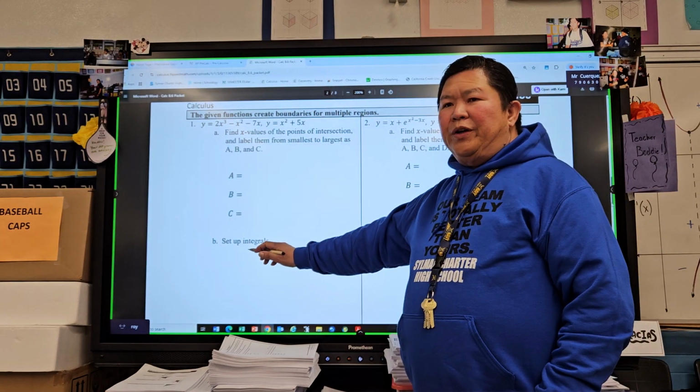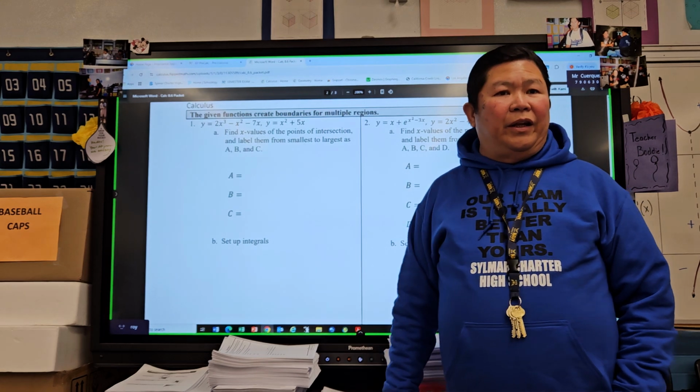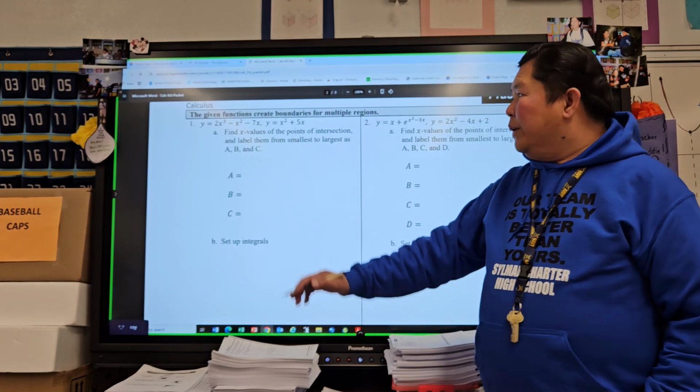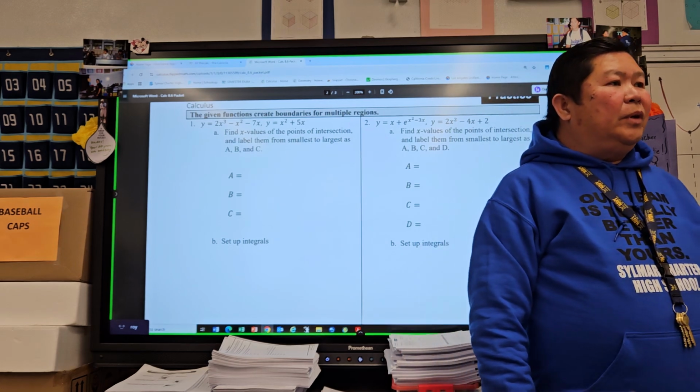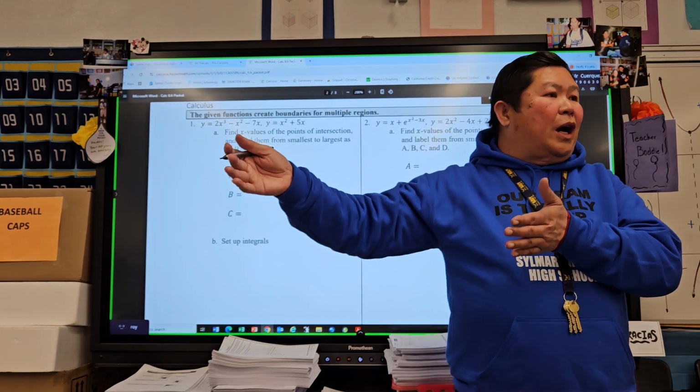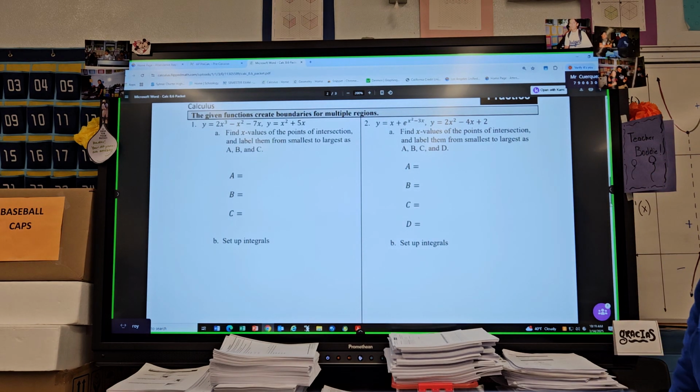Before you set up the integrals, you're going to identify A, B, and C, and you know what to do, right? What to do with these two functions? Equate them for us to have the x interval. Can you do it now?